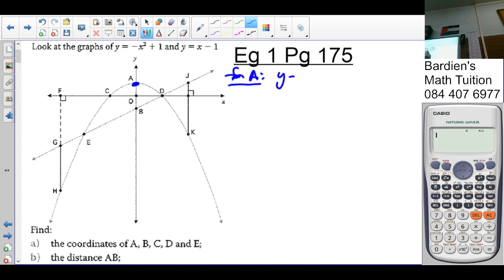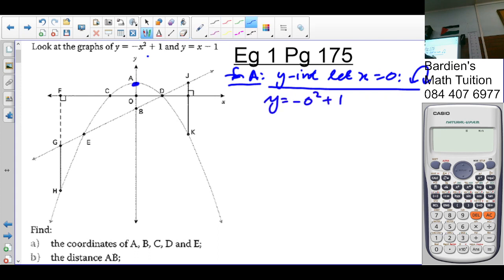For your y-intercept, we let x equal to 0, and it's for the equation of the parabola. So y is equal to negative 0 squared plus 1, which gives an answer of 1.